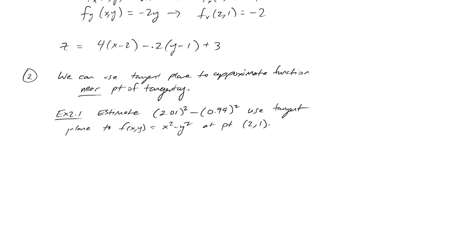All right, so we've already found this tangent plane. It was the equation earlier, so we have z equals 4(x minus 2) minus 2(y minus 1) plus 3. Let's draw the picture. So it looks like this.